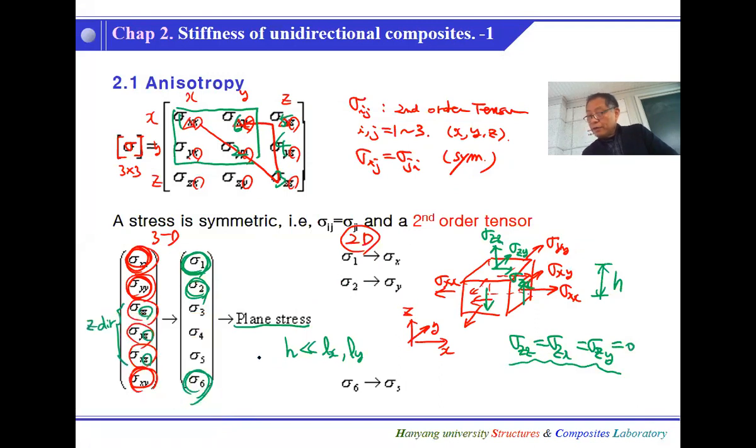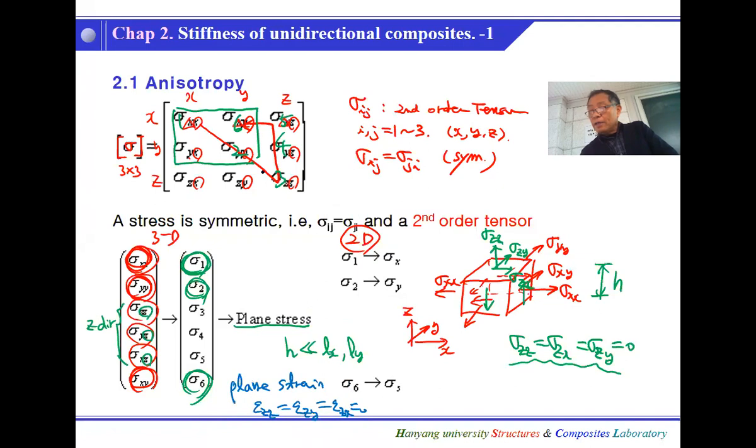The only difference is plane strain: when epsilon ZZ, ZY, and ZX, these three terms, are 0, then this case is called plane strain.